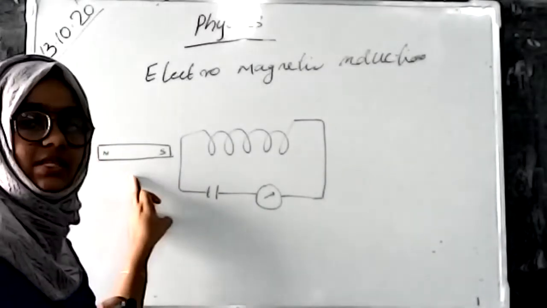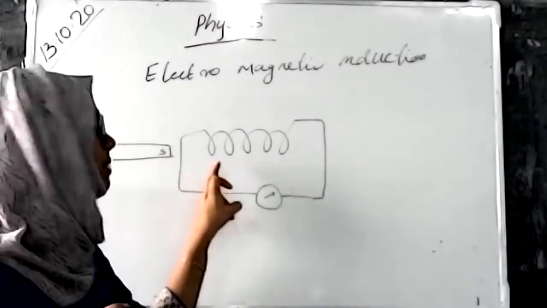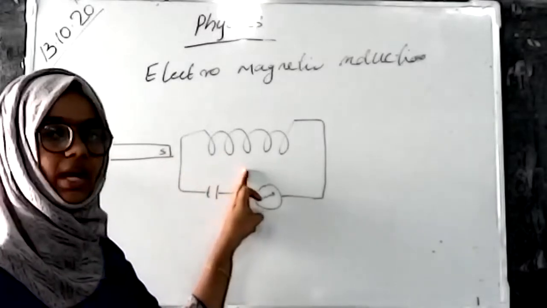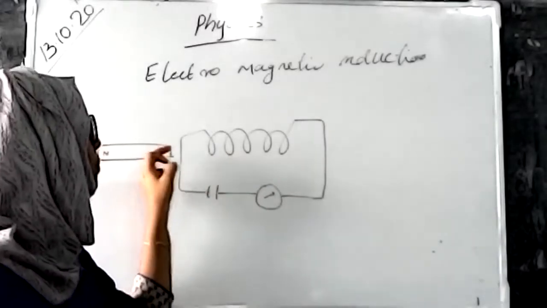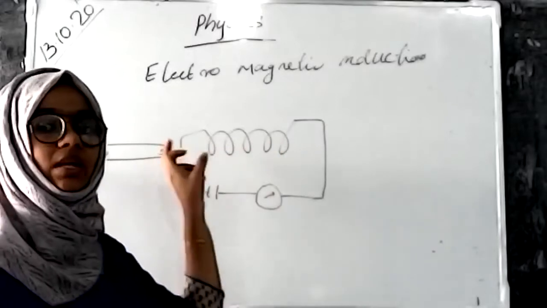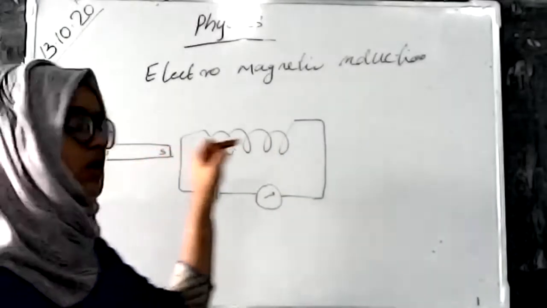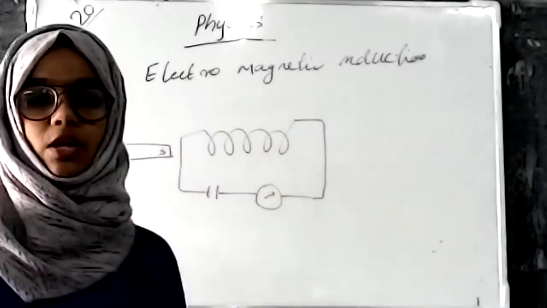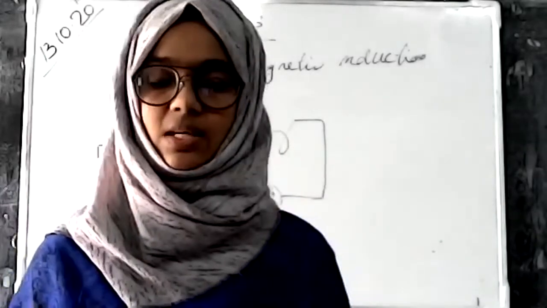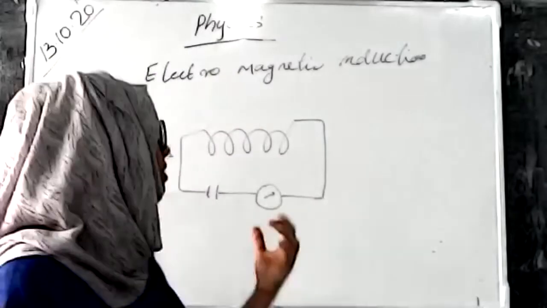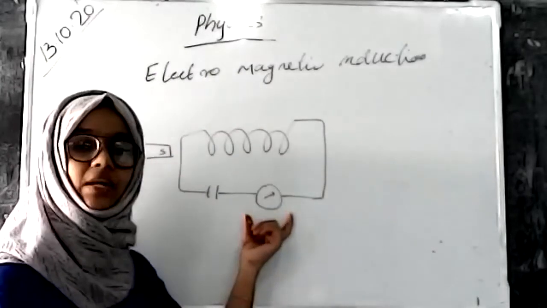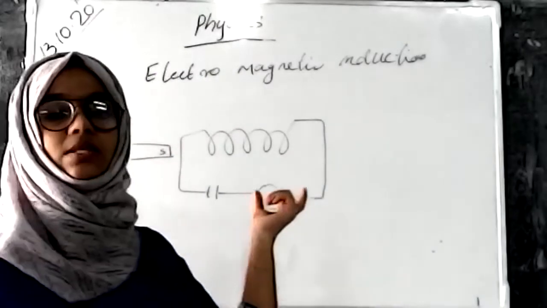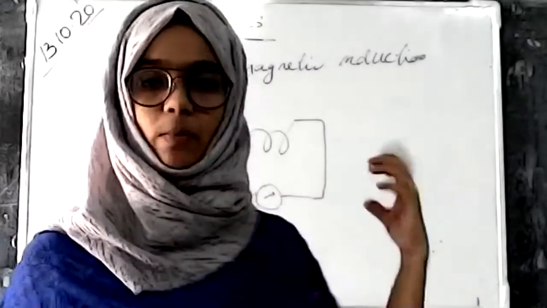The magnet comes near the solenoid, moves into the solenoid, and comes out from the solenoid. In these cases, we have to look at the deflection of the galvanometer. How is the deflection of the galvanometer?